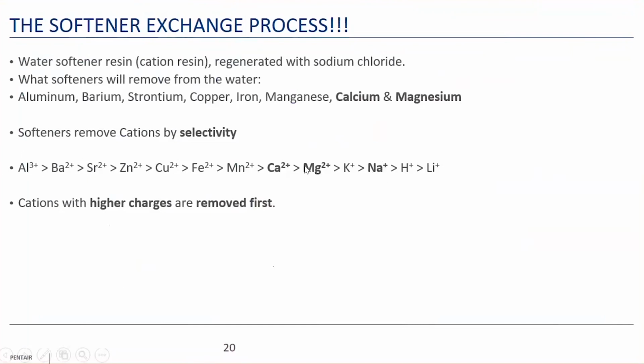I need 2 sodiums to get rid of 1 calcium. And I may need like 1.2 sodiums to help push this manganese off. Okay, so water chemistry will impact brining as well. This is just to let you know that that reality exists.